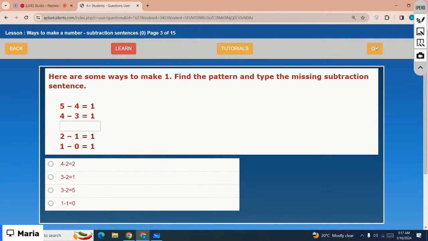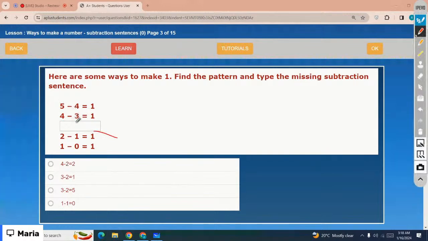The correct option is 3 minus 2 equals 1, right? Just look at the pattern. Here the missing number is between 2 and 4, right? So which is the number between 2 and 4? That is 3. Then you have 3 and 1. The number between 3 and 1 is 2. So that is 3 minus 2 equals 1.